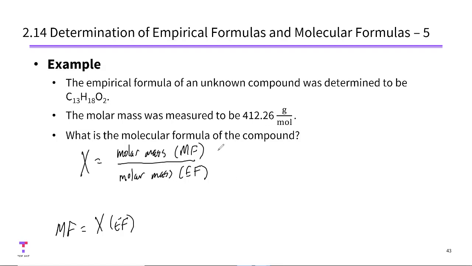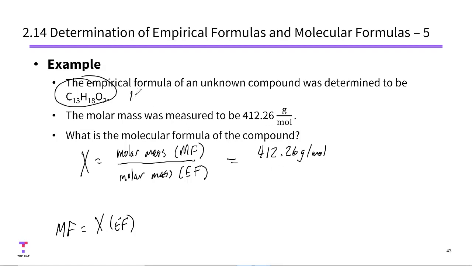So for this problem, we've got an empirical formula of C13H18O2. We're told that the molar mass is 412.26. What is the molecular formula? Well, we know the molar mass for the molecular is this. What we need to do is figure out the molar mass of the empirical formula.